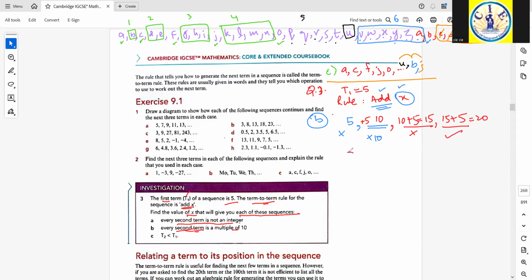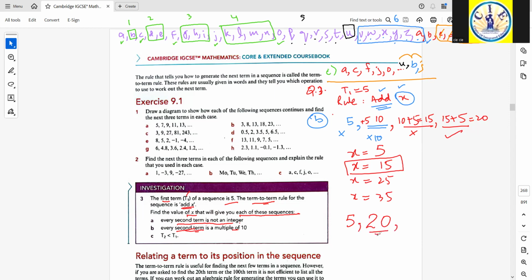So in this case, we can say that x could be 5, or it could be any number with 5 at the units place. x could be 15, or x could be 25, or x could be 35, and so on. Like if I take x to be 15, then the sequence would be, after 5, adding 15, that is 20.